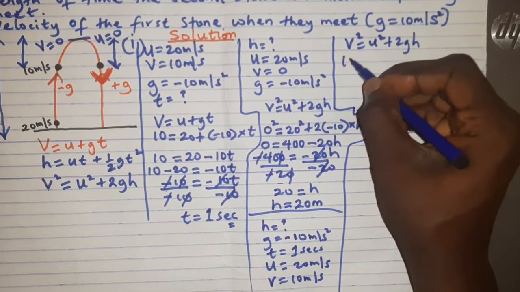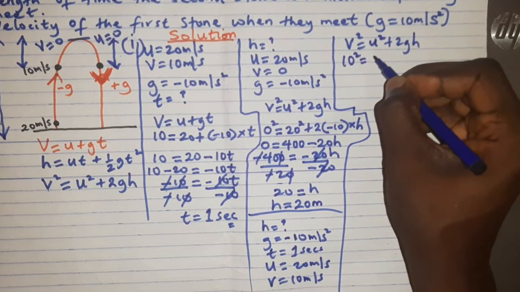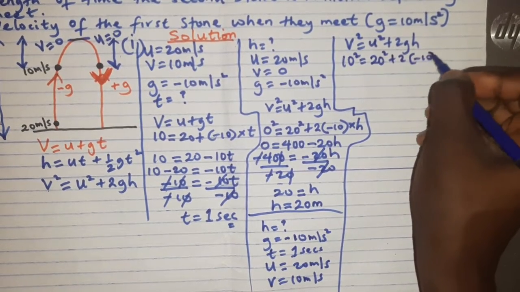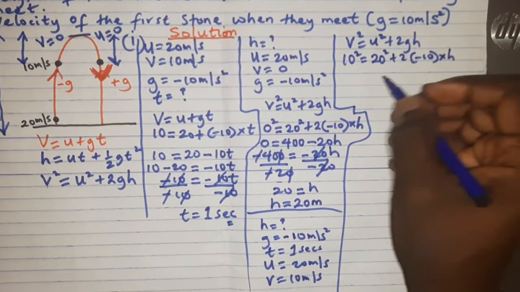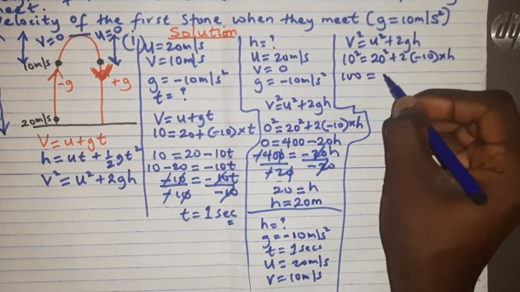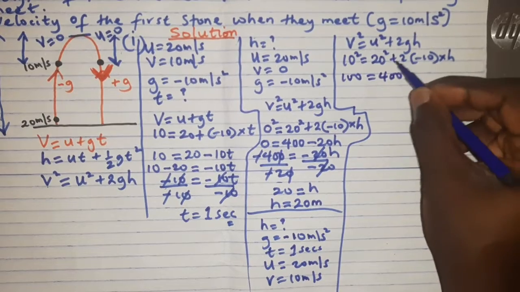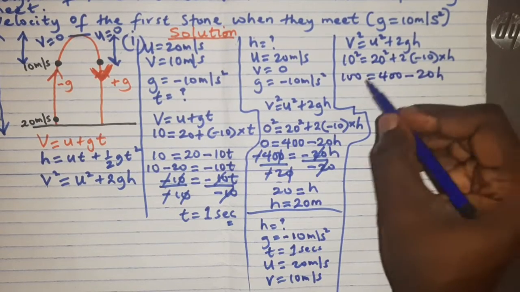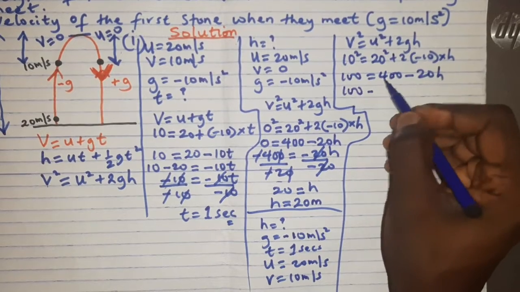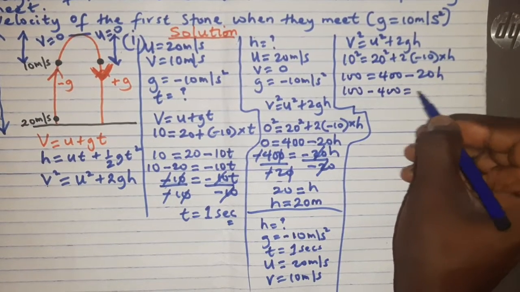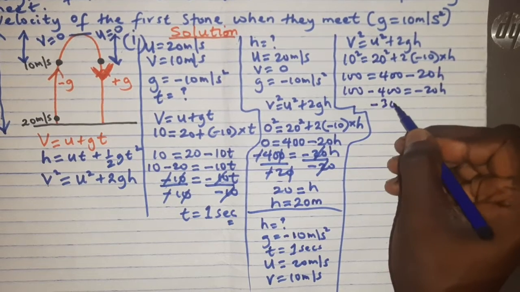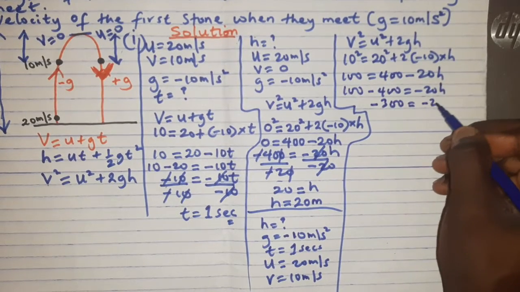So we're going to use 10 squared equals the initial one, 20 squared, plus 2 times minus 10 times the h we're looking for. So we have 100 equals 400 plus minus 2 times 10, 20h. Collecting like terms, we have 100 minus 400 equals minus 20h. Then 100 minus 400 is minus 300 equals minus 20h.